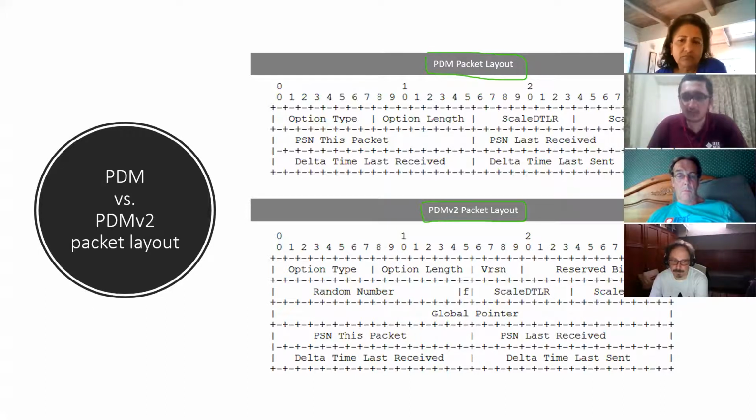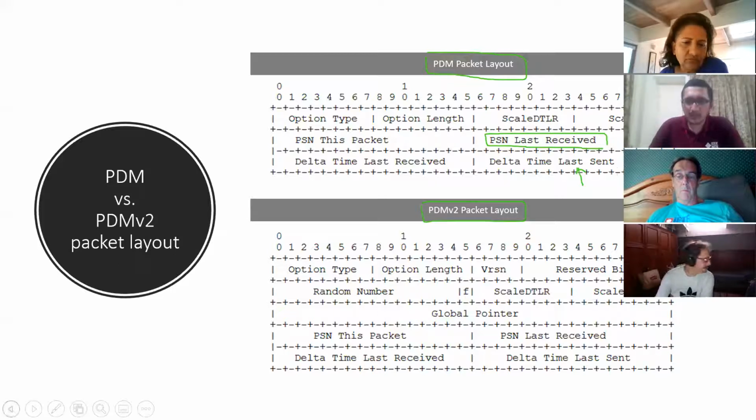This packet is the sequence number generated by the sender machine. This is the one which was last received from the destination machine. The delta time last received is the server processing time, and this is the round trip time. If you compare them, so if you directly compare these packets, you will notice a few changes.